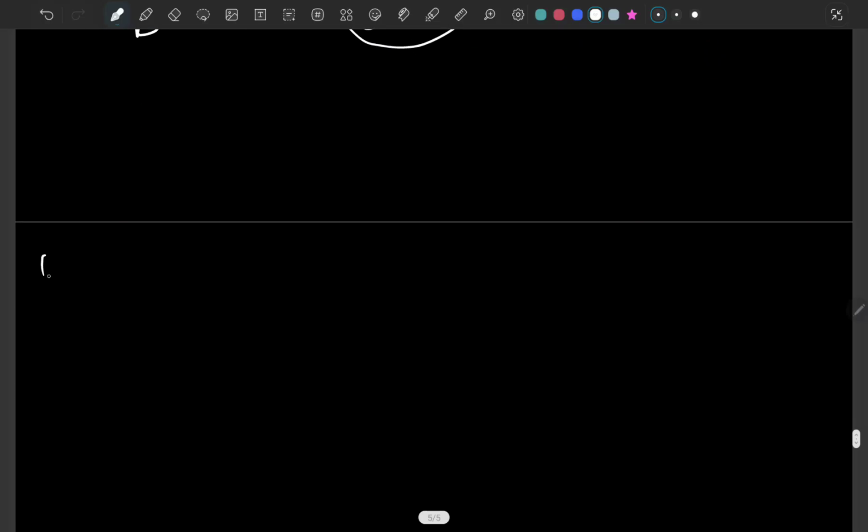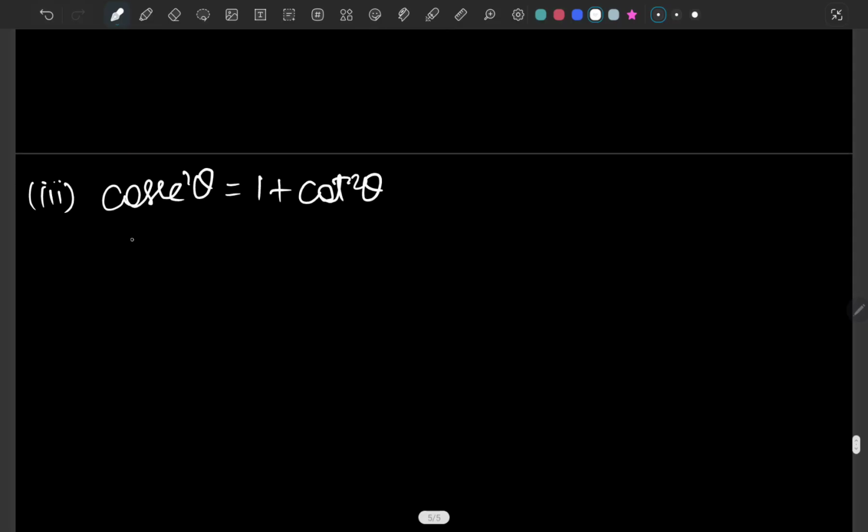Now let's talk about the third one. We know that cosecant square theta equals 1 plus cotangent square theta. Cosecant square is basically 1 over sine, so it's h squared over p squared equals 1 plus b squared over p squared, right?